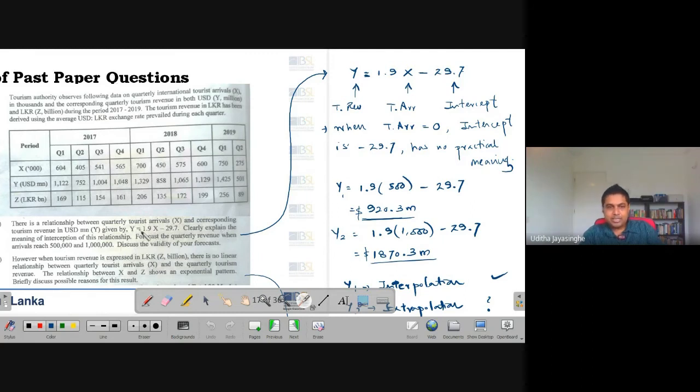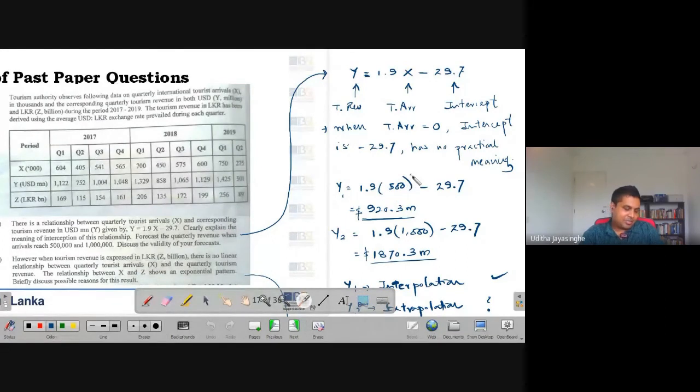Is it y equals 1.9 into 500,000 minus? No, no, no, be careful here. y is in US dollar millions, but x is in thousands. See my highlighter, x is in thousands. If that is the case, this 500,000 is going to be inserted as 500, not 500,000.